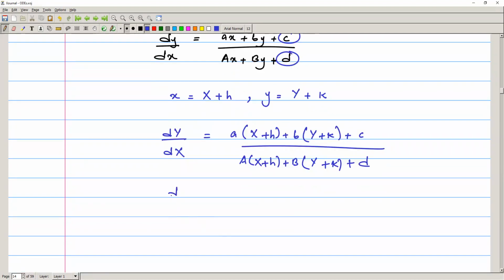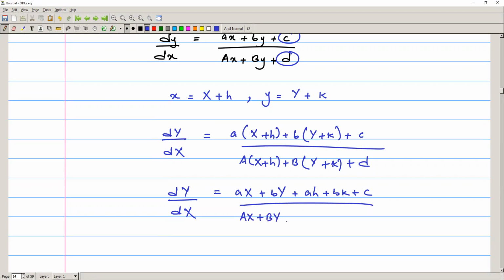And now rearranging the equation, we can write (aX plus bY plus ah plus bk plus c) divided by (aX plus bY plus ah plus bk plus d).